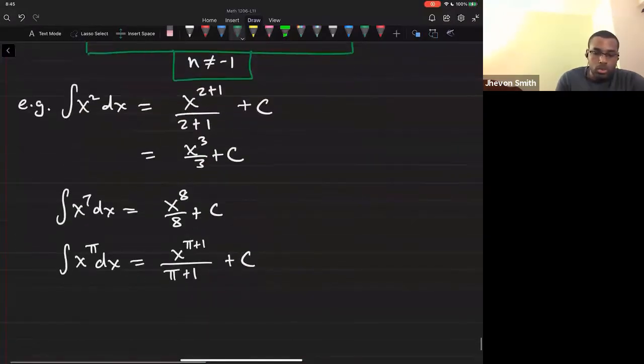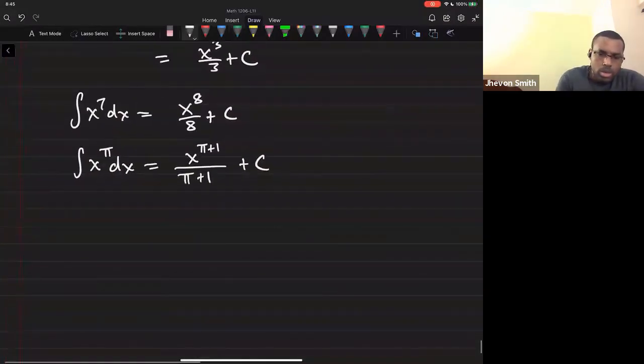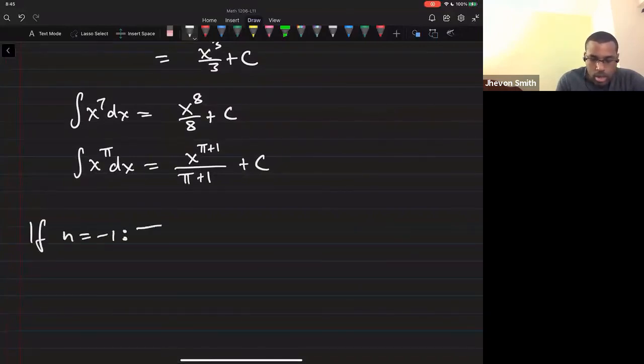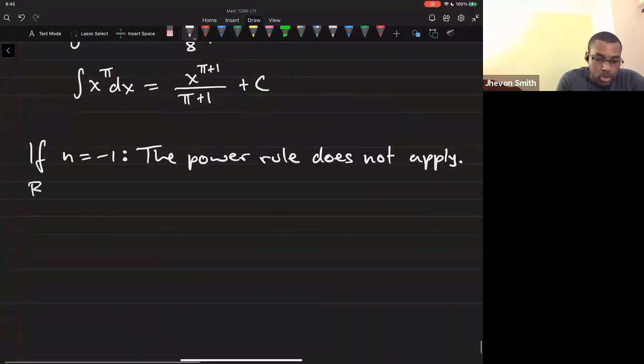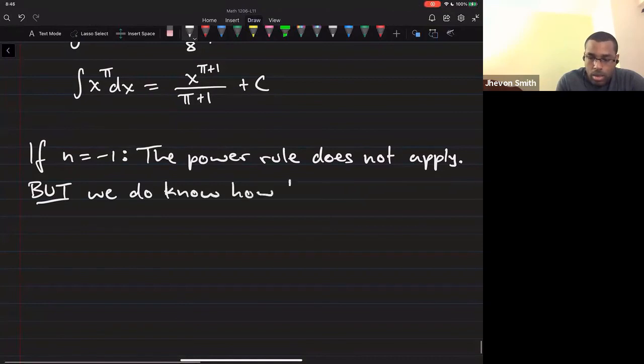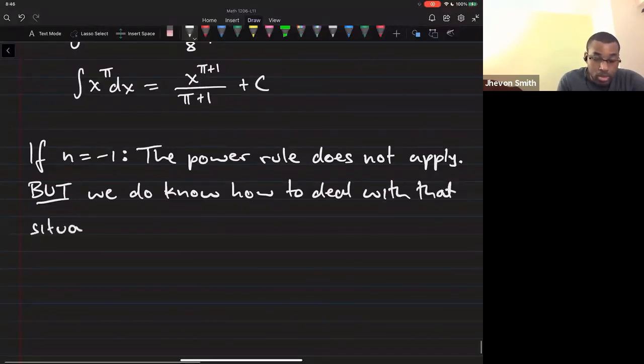So if n equals minus 1, the power rule does not apply. But we do know how to deal with that anyway, again by reversing a derivative rule.